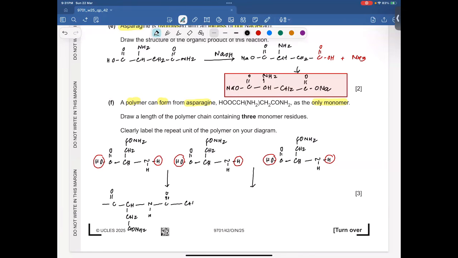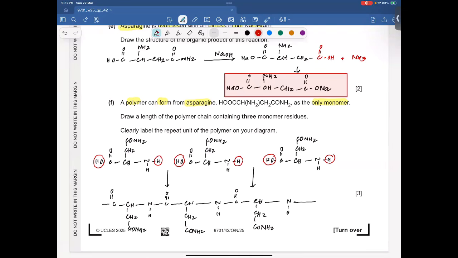This CH, CH2, CONH2 will remain as it is. This NH bonded with carbonyl group. This CH, CH2, CONH2, and this NH, and the bond will continue. Okay.